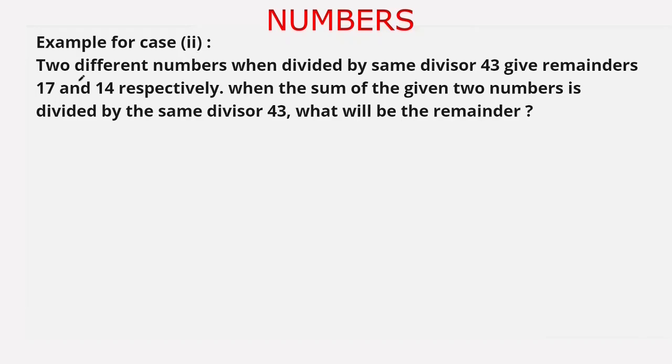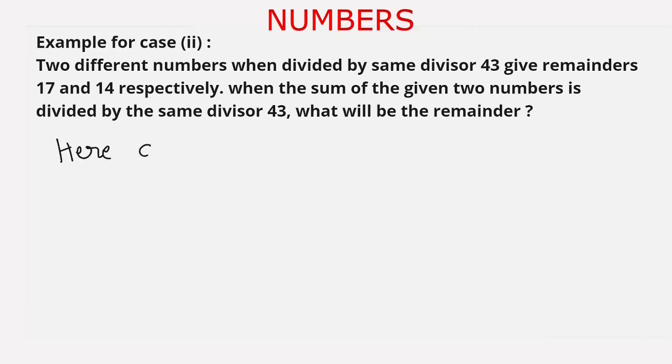Example for case 2. Two different numbers when divided by the same divisor 43 give remainders 17 and 14 respectively. When the sum of the given two numbers is divided by the same divisor 43, what will be the remainder?